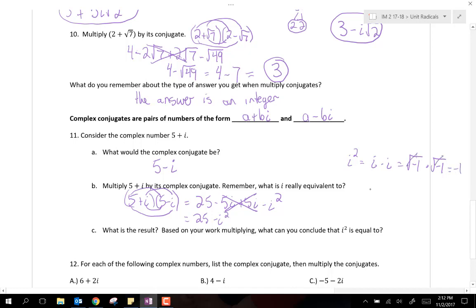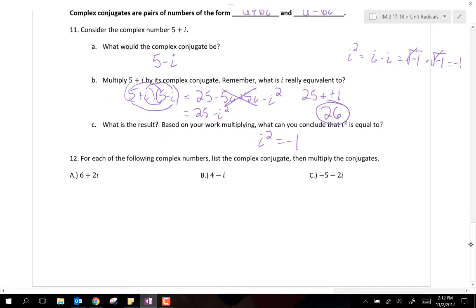So i squared is negative 1. So it's 25 minus negative 1, which turns into plus 1, so it's 26. So what is i squared equal to? It's equal to negative 1.